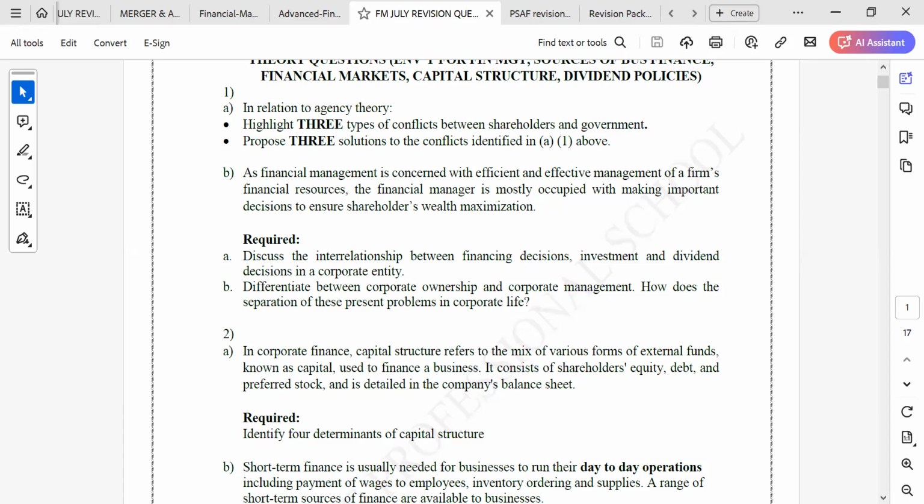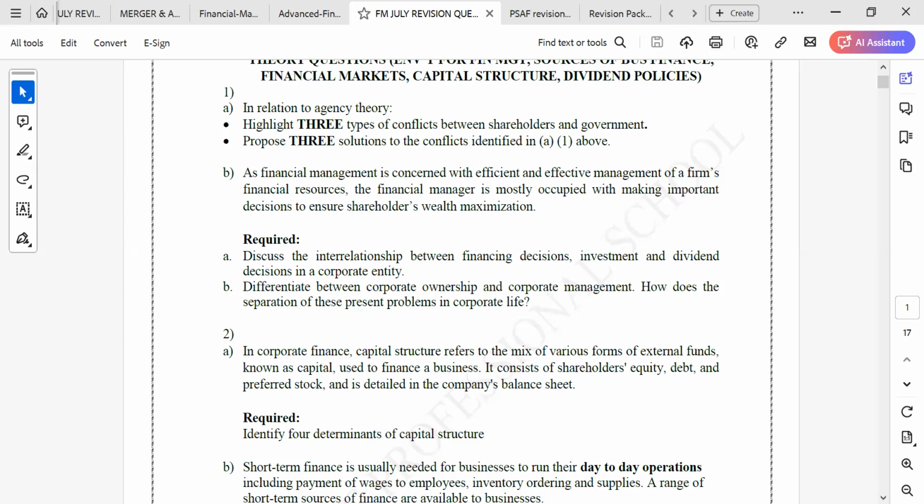Whereas corporate ownership is where individuals, groups, or corporations have shares in a company, but are not involved in the operational running of the company.